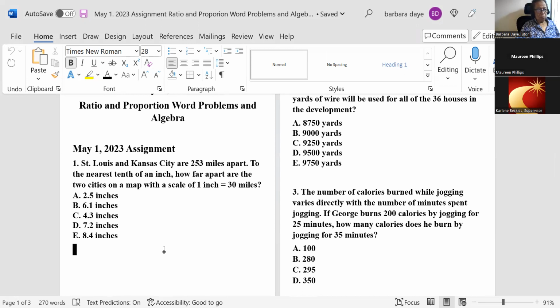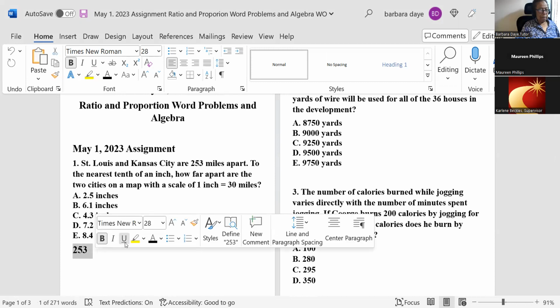Let me see what I said. I put 253 miles over what? Miles over what?